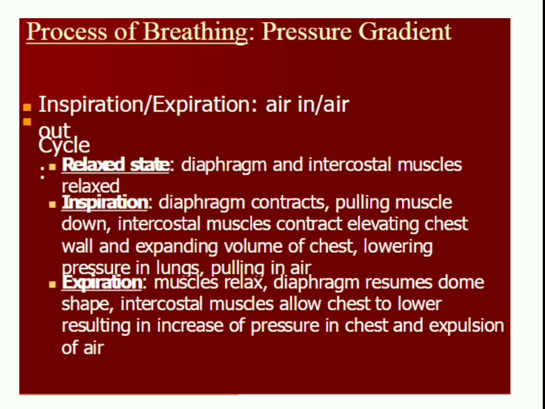So it leads to inspiration. Next, expiration. During expiration, muscles relax, the diaphragm resumes its dome shape, and the intercostal muscles allow the chest to lower, resulting in increased pressure in the chest, and there will be an expulsion of air.